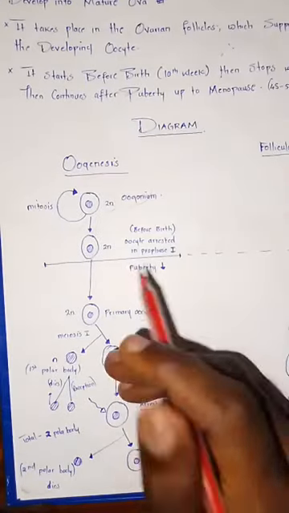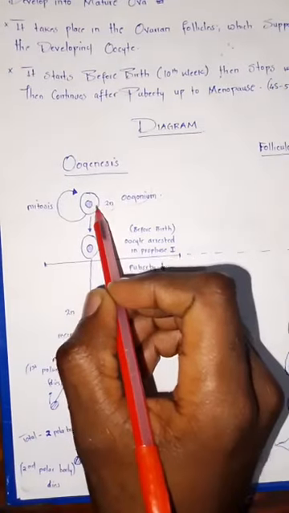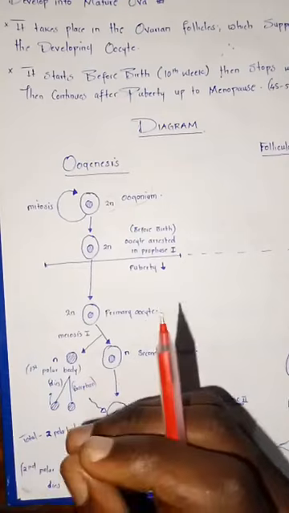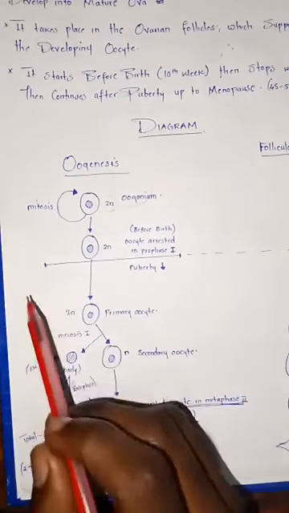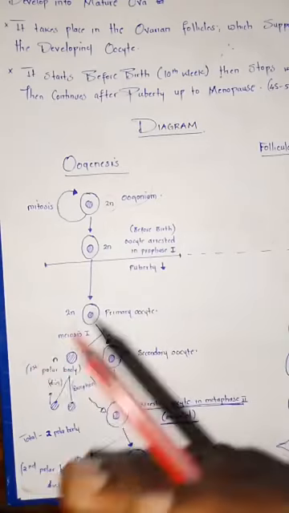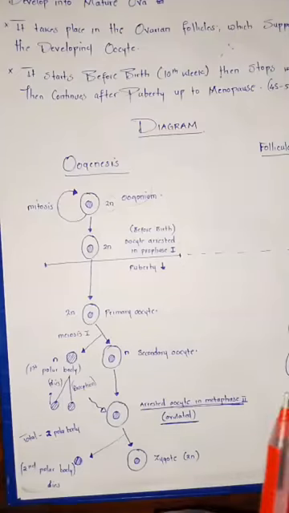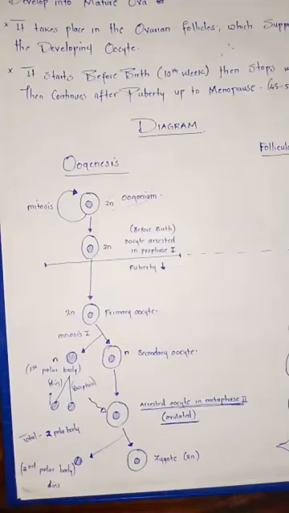Under the growth stage, this oogonia cell is going to be surrounded by certain types of cells that are known as the flat follicular cells. These flat follicular cells are the ones involved in follicular development, or rather they form what we call the primordial follicle. These primordial follicles tend to cover the developing ovum.